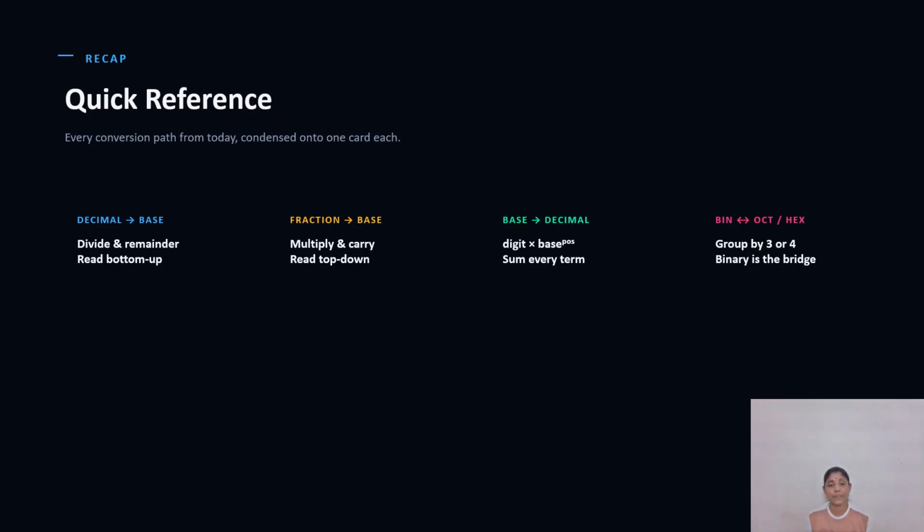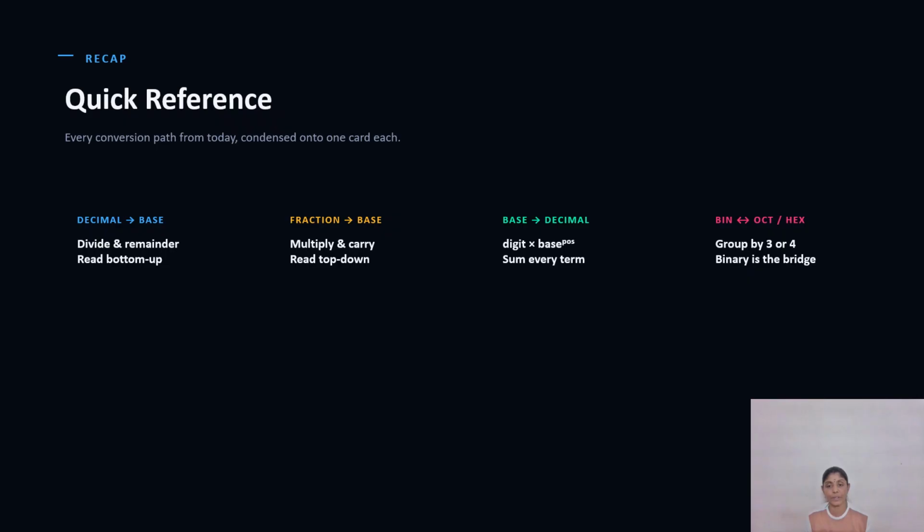If it is a fraction to other bases, multiply each fraction by the base, and check the carry or integer part. Those should be read top-down.